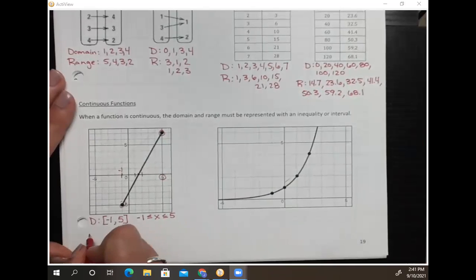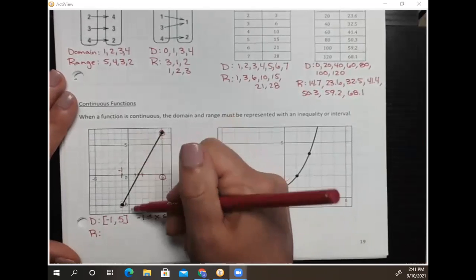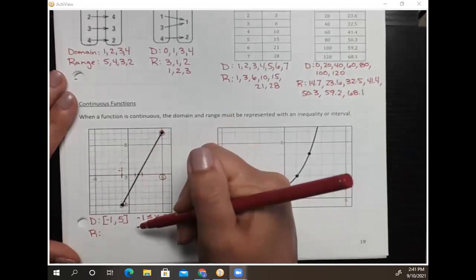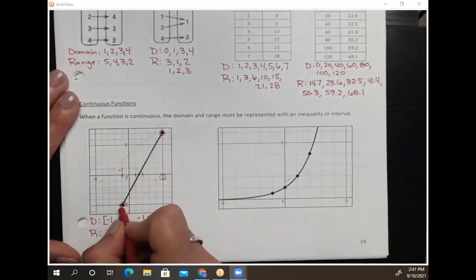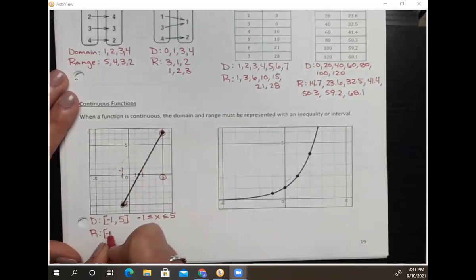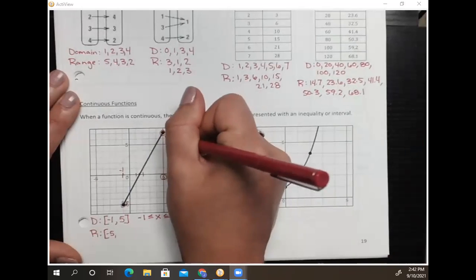Okay, now we're going to do the same thing with the range. So remember, range is y values, and that's up and down. So this time I want to see what's the lowest point on my graph. The lowest point on my graph is right here. It has a y value of -5. So my range goes from -5 up to, now I need to find the highest point on my graph. That'd be this guy right here.